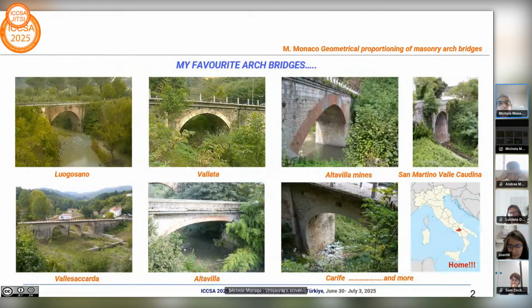Here, this bridge is a railroad bridge, and this one is for a road. This is 1 kilometer from my home, so I know it very well. They work, and luckily they have not been restored until now.